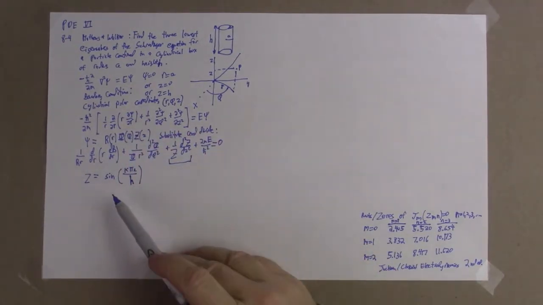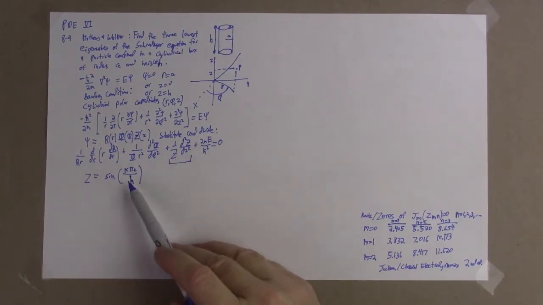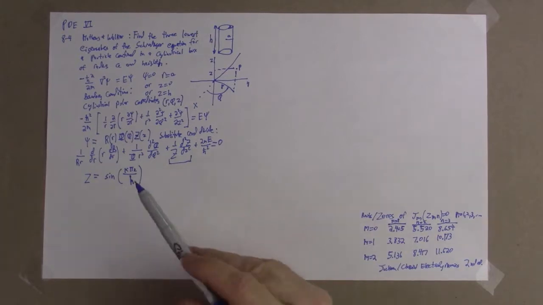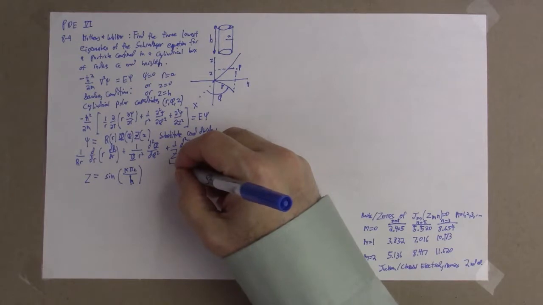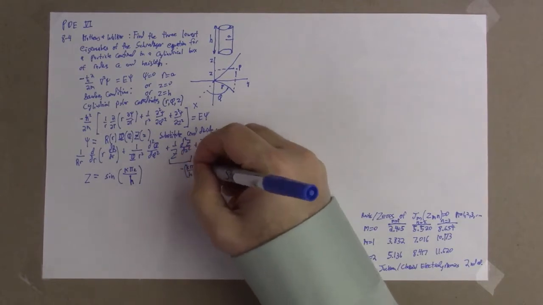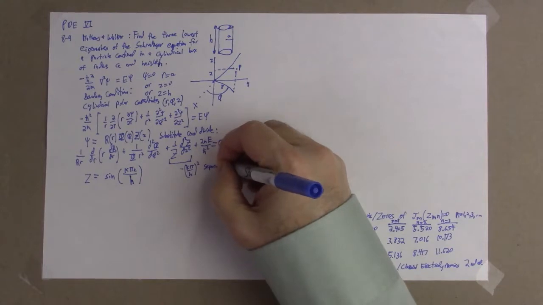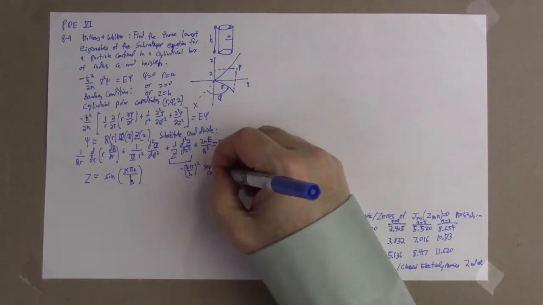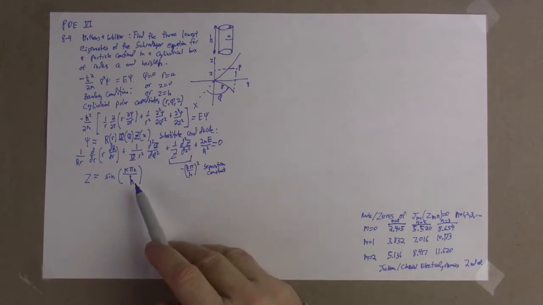Any sine function will clearly satisfy the second derivative being negative itself, but we also want to satisfy the boundary condition. So minus k pi over h squared ends up being a separation constant. And this automatically satisfies the boundary condition.